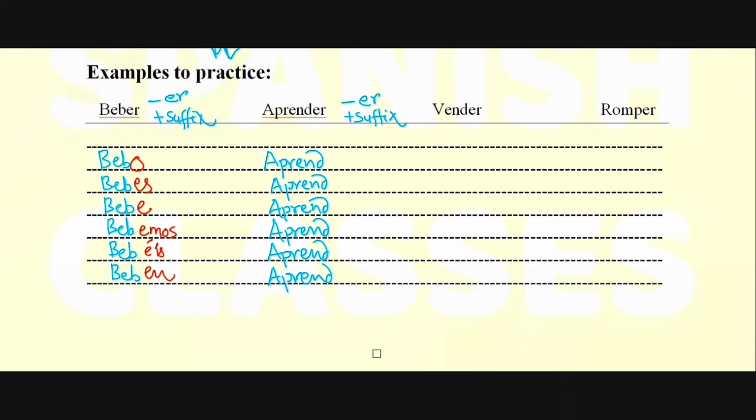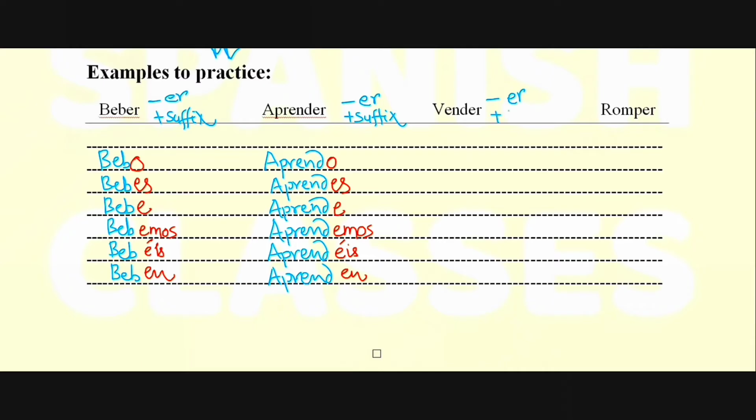Add suffixes, those are in red color. See, o, es, e, emos, éis with accent, en. I'm reading aprendo, aprendes, aprende, aprendemos, aprendéis, aprenden. 6 conjugations.